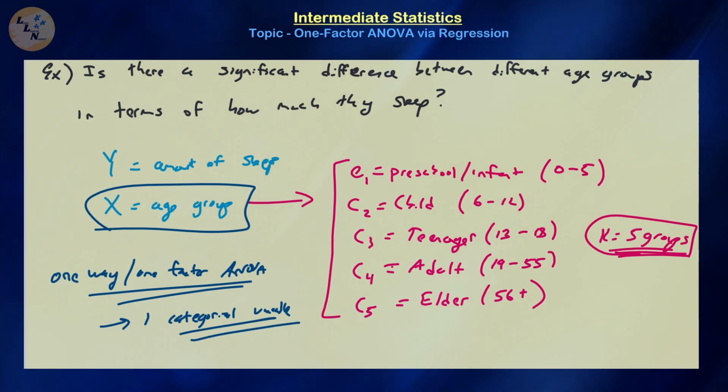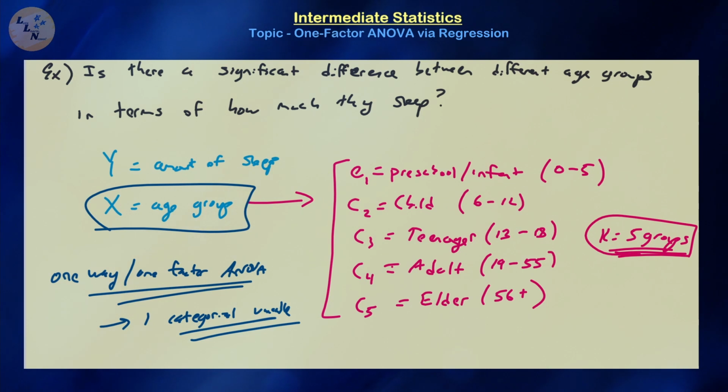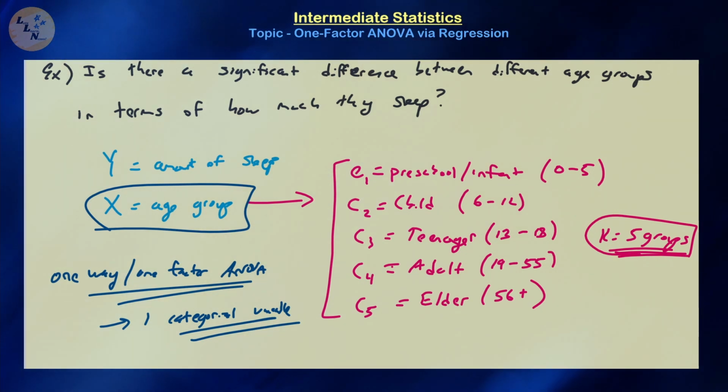So if you want to analyze, say, 2 or more categorical variables like age group, gender, height, or some other types of categorical variables that you may want to consider, that would be what we call a two-way or a two-factor or a multi-way or a multi-factor analysis of variance.